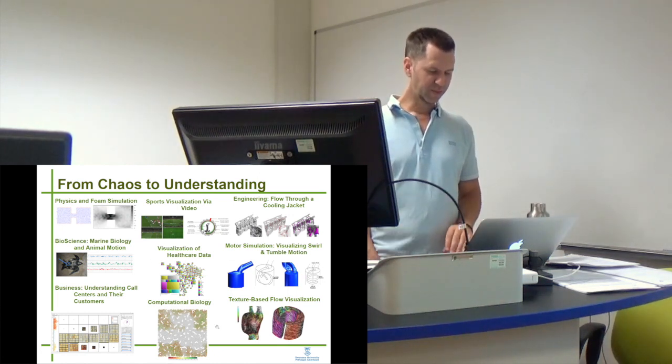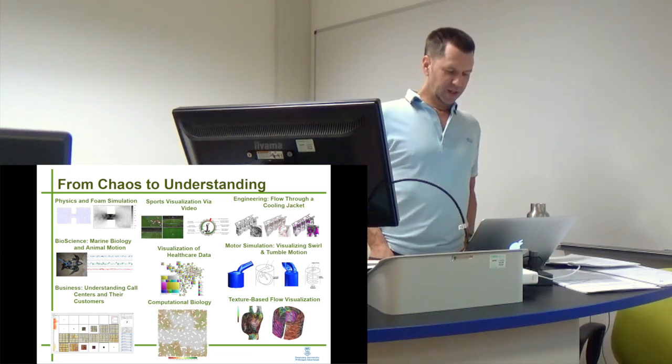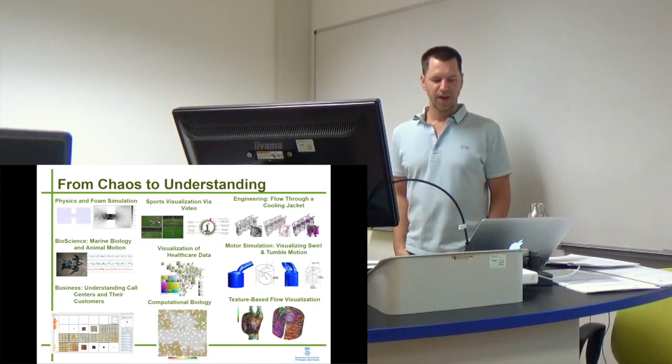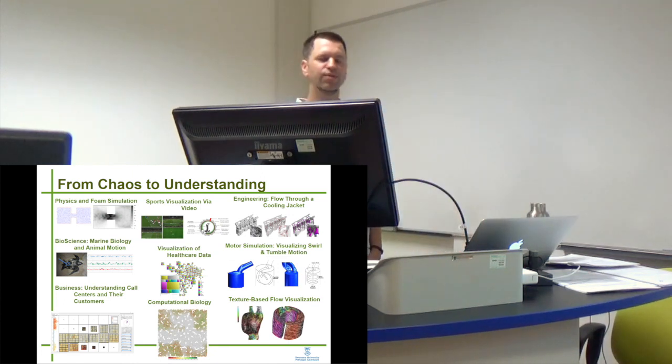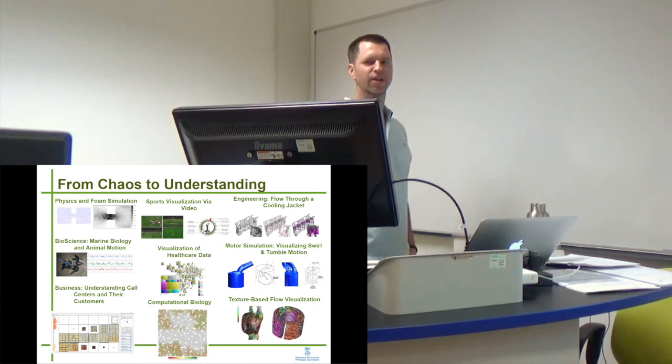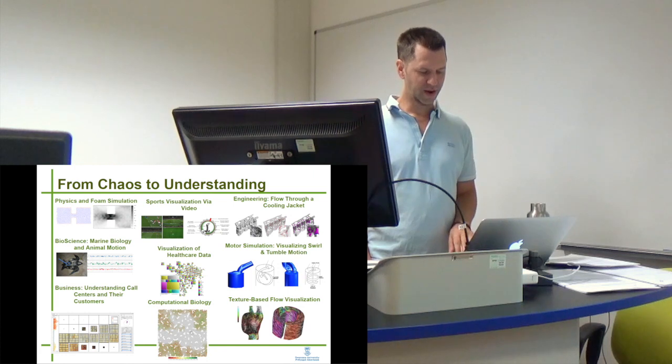We have a computational biology example. These are scientists that use simulation to study the behavior of atoms and molecules at the molecular level. That is a very, very big active area of research.